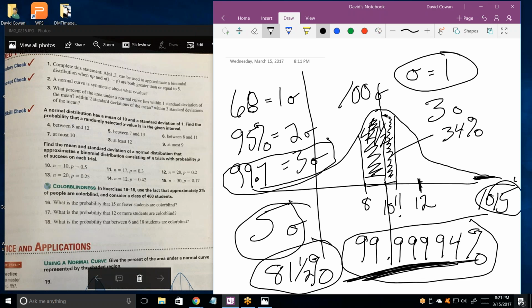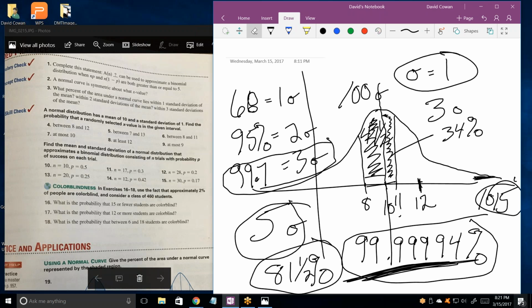That is the probability that a number will be between 8 and 11. Because it's 47.5% that it'll be between 8 and 10, and it's 34% that it'll be between 10 and 11. So I add those two areas together to get the area between 8 and 11. And that's the way you have to do them when they're not symmetrical with the mean.